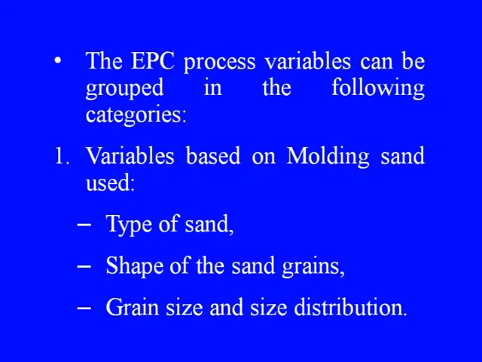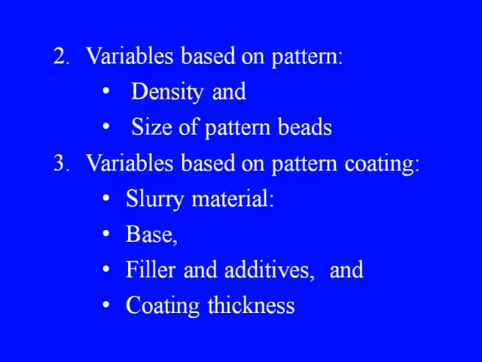The EPC process variables can be grouped in the following categories. Number 1, variables based on molding sand used. These are type of sand, shape of the sand grains, grain size and size distribution. Number 2, variables based on pattern.